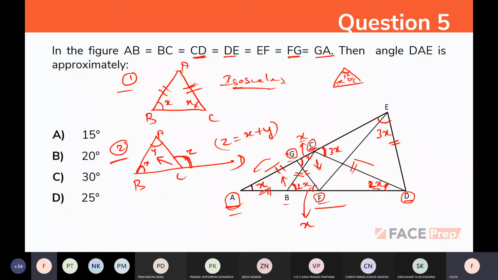Now I am here at angle G. You can add x and x, and this x. If adding, what will be this angle? 2x.